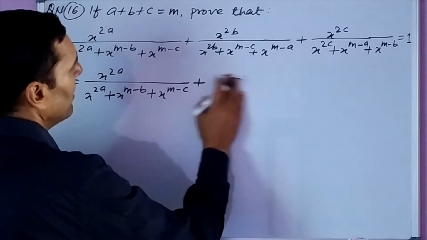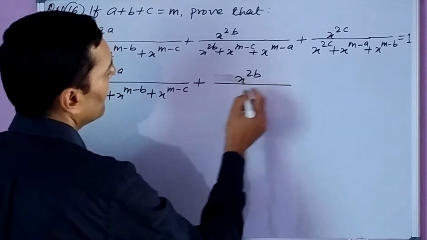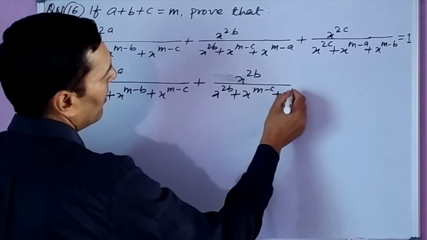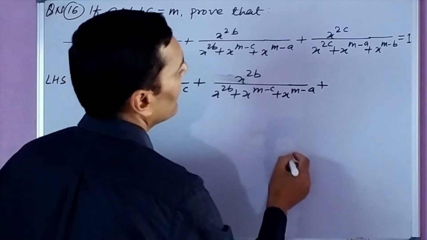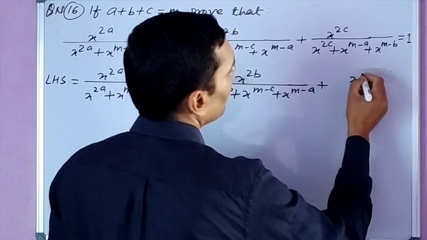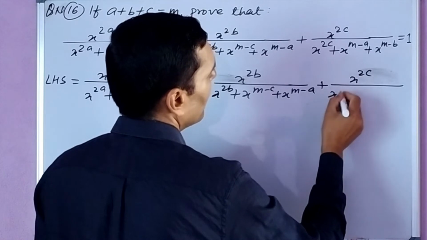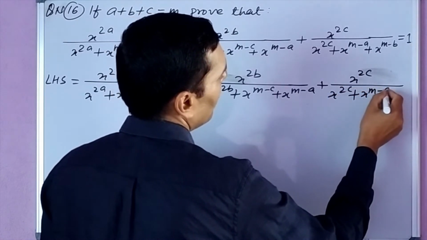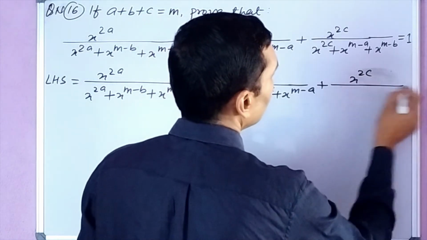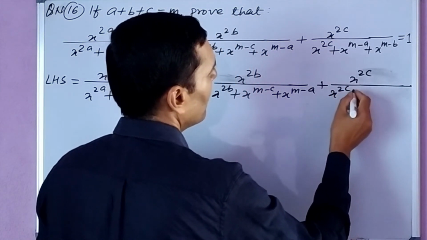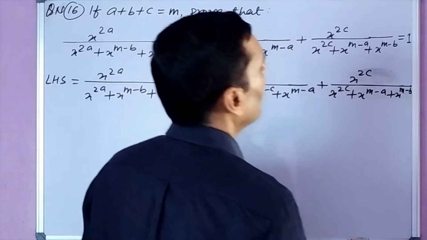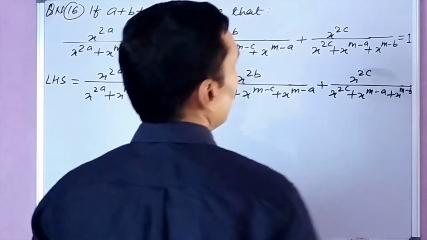Second term f to the power 2b upon f to the power 2b plus f to the power m minus c plus f to the power m minus a, and third term f to the power 2c upon f to the power 2c plus f to the power m minus a plus f to the power m minus b.